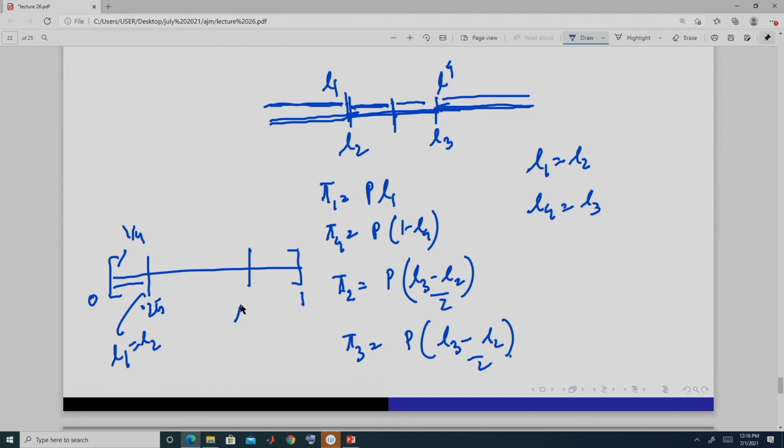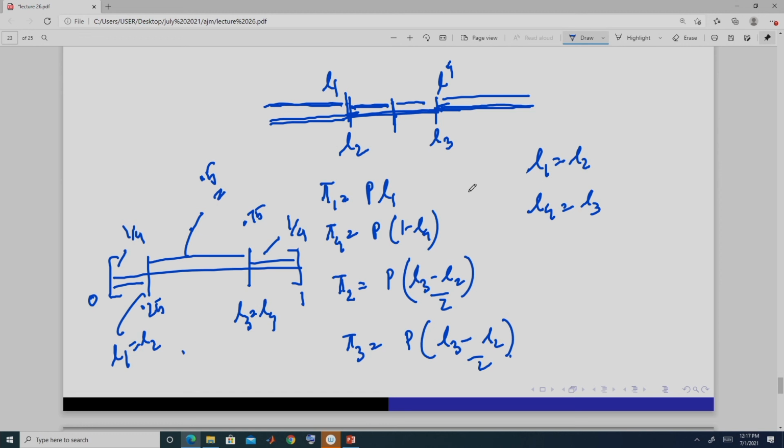This is the location of farm 3, and this distance is again 1/4, and this distance is you can say 0.5. So, they are getting half. Okay. So, this is the one pure strategy Nash equilibrium.